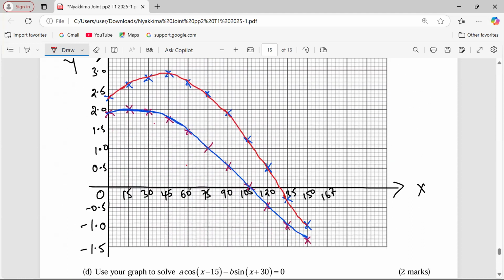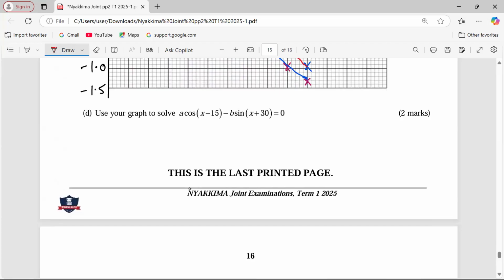But assuming that this was x plus 50, then we need a cosine of x minus 15, and the negative b is taken to the other side, whereby it becomes positive. I'm just assuming that they made an error here.